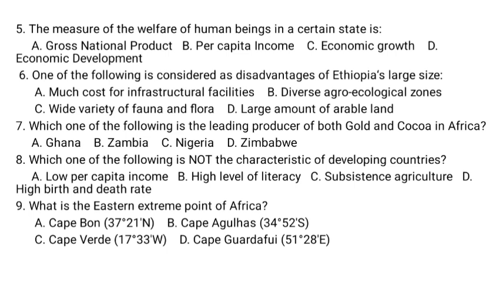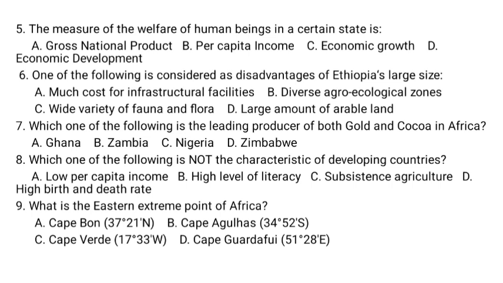Question number 5. The measure of the welfare of human beings in a certain state is A. Gross national product, B. Per capita income, C. Economic growth, D. Economic development. Question number 6.